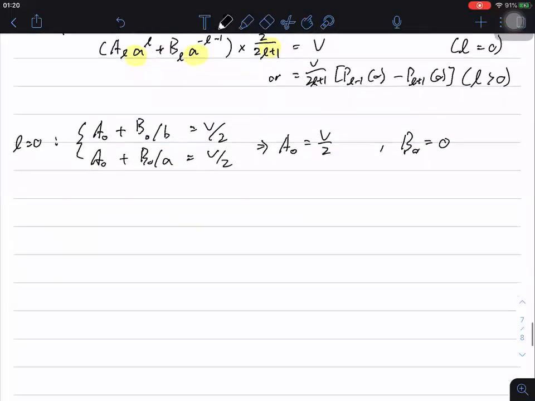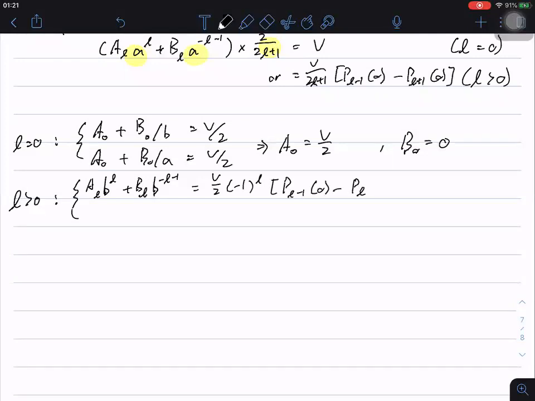Okay, easy. And for the next case, L greater than 0, we have this pair of simultaneous equations. Let me write it down.